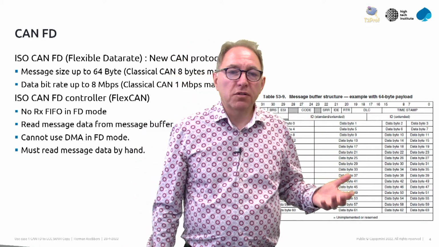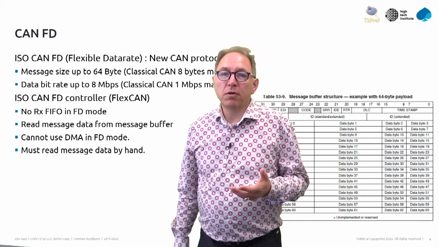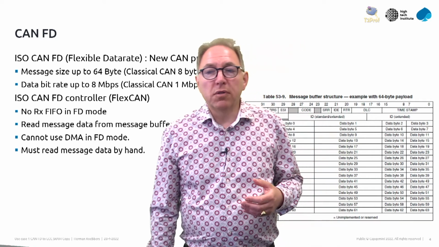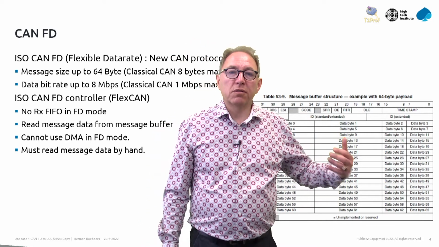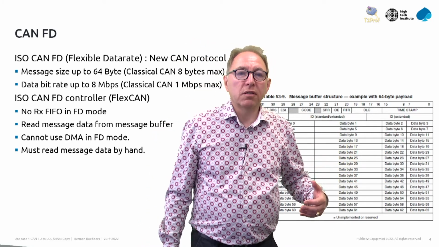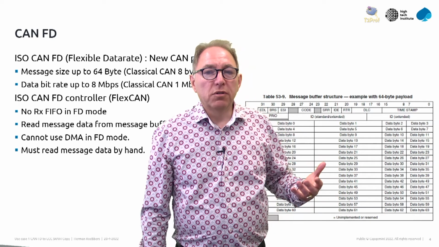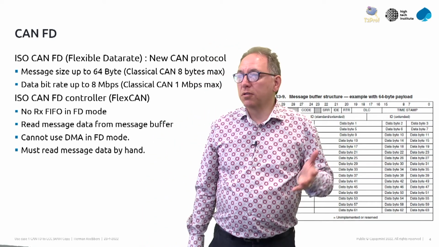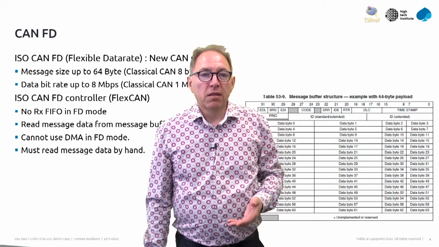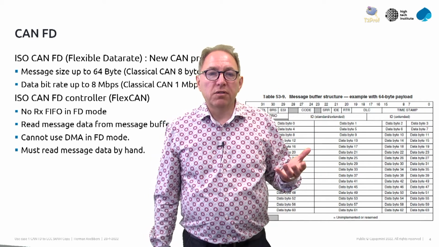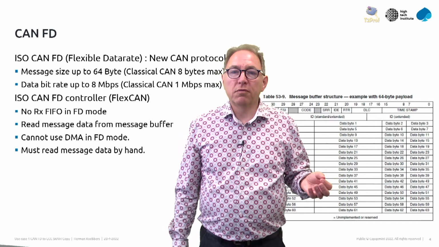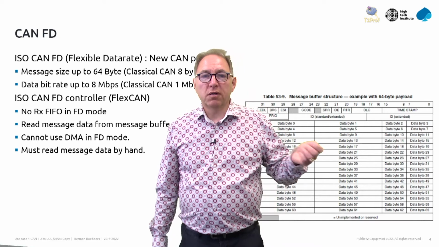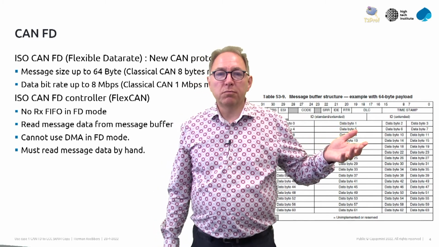The message size is extended to 64 bytes maximum, and we can also increase the data rate to 8 megabits per second, where classical CAN tops out at 1 megabit per second. The controller receives a data message, and we want to read out this message and store it into SRAM. Since in flexible data rate we cannot use direct memory access, we have to write a piece of software to copy the data from this chip to RAM.